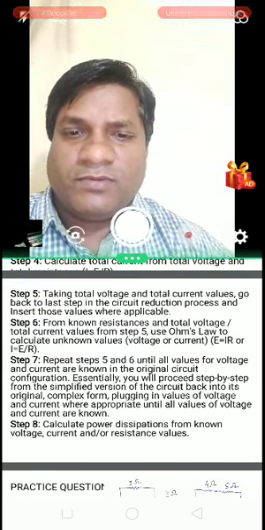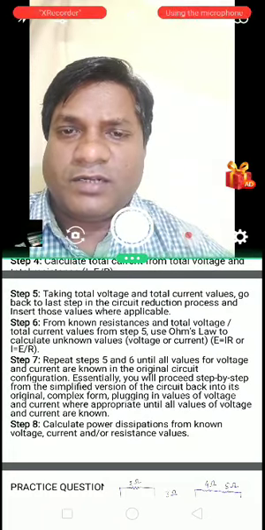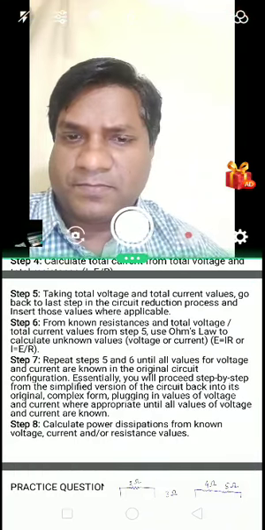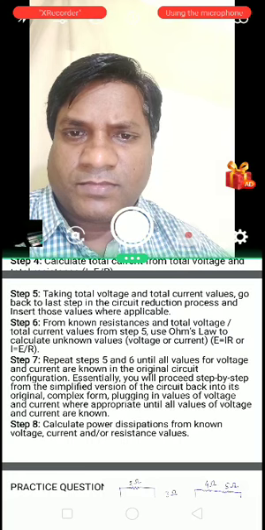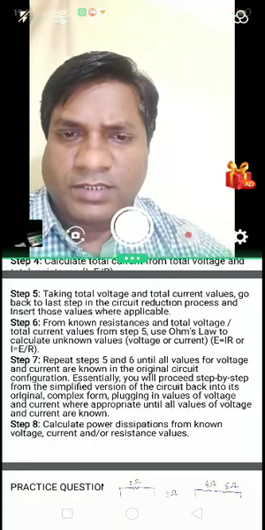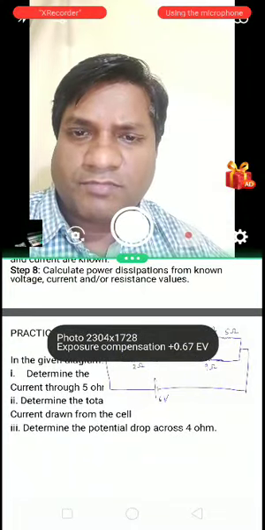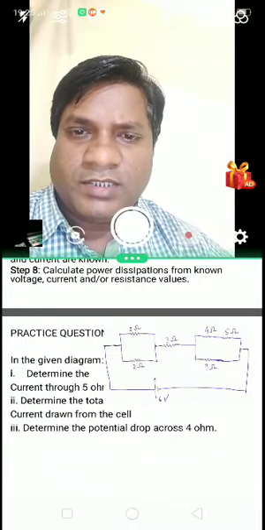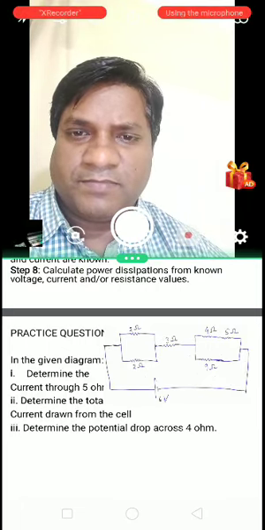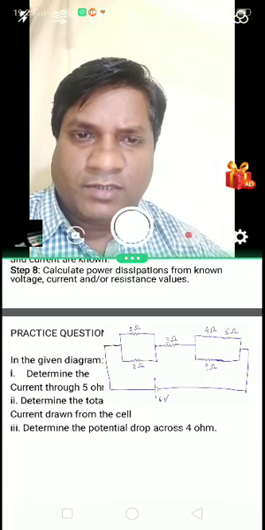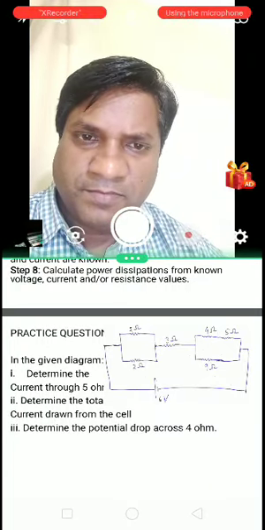Now, let us discuss a simple problem. See, in the given diagram, we have two 2 ohm resistors connected in parallel.